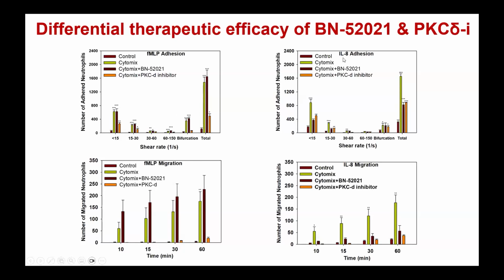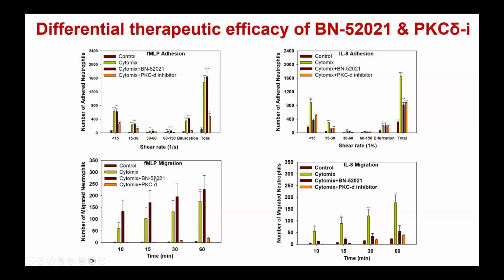However, if you use IL-8 as your chemoattractant, then you see that BN52021 and the PKC delta inhibitor work similarly. The response is similar for both of them.